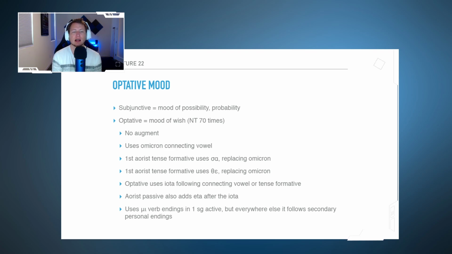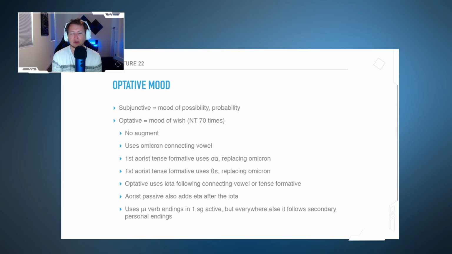Now, it does not have an augment, so it's similar to the subjunctive in that regard. But what it does different is it uses the omicron connecting vowel. It uses the first aorist tense formative, sigma alpha, which replaces the omicron.